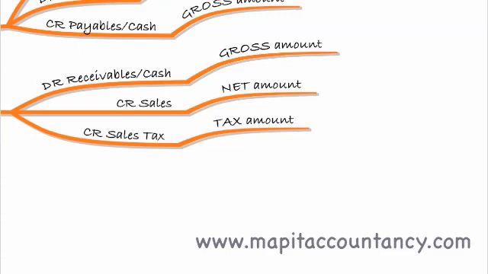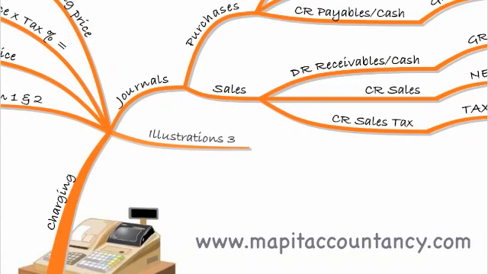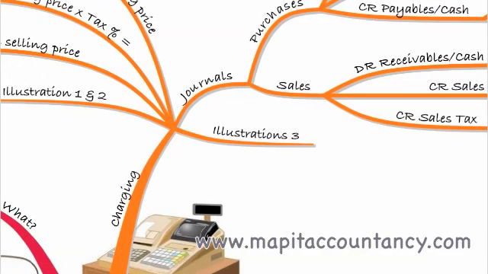We need to split it between the net amount going to our purchases or our sales and the tax amount which goes to our sales tax ledger account. So let's see if we can post those journals for illustration 3. This time do have a go at this, post the journals and then work through the answer with me.